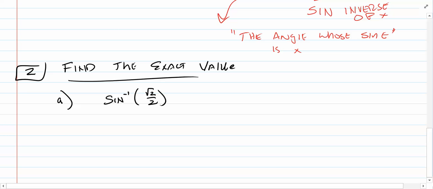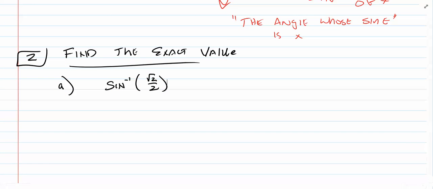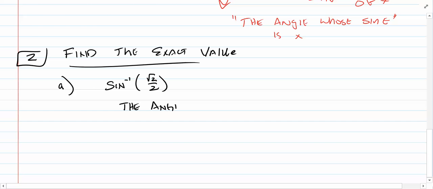This looks kind of funky, and it looks really scary to some people. So the way that we say this is the inverse sine of root 2 over 2. But what does it mean? This means we are looking for the angle whose sine is root 2 over 2. That's what we're looking for.